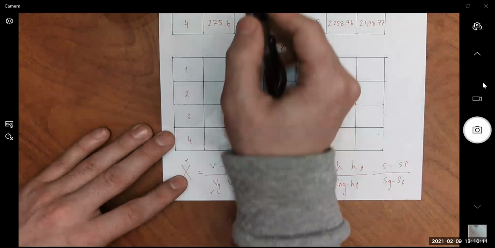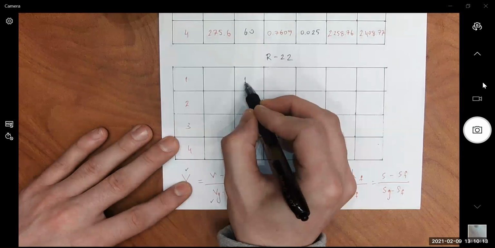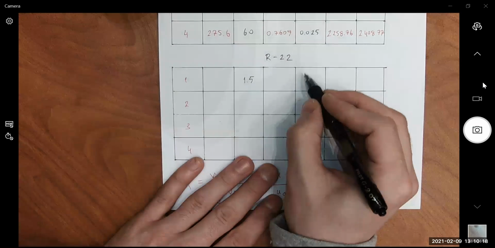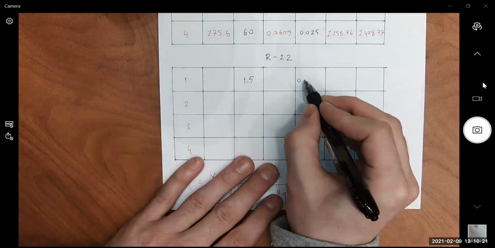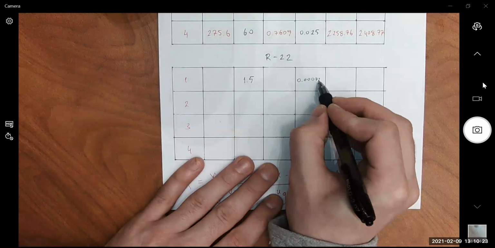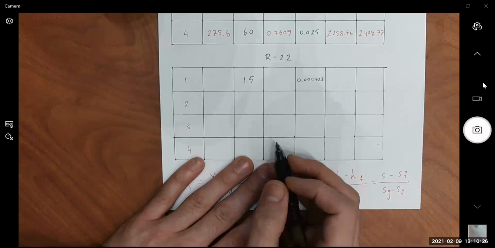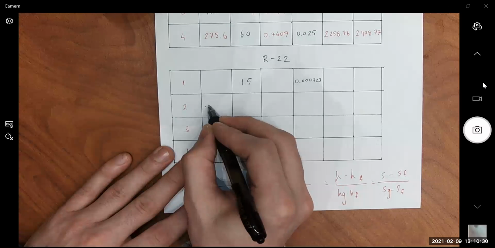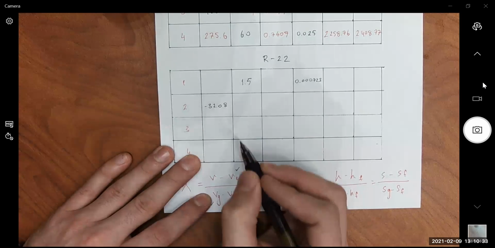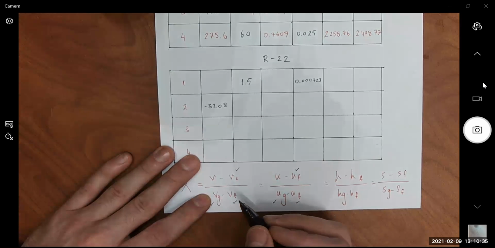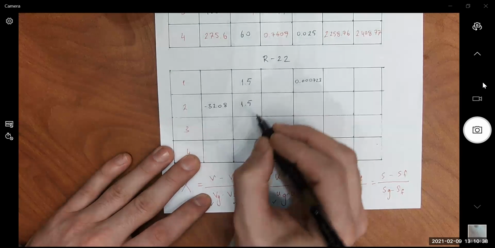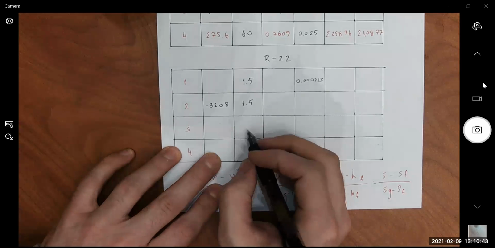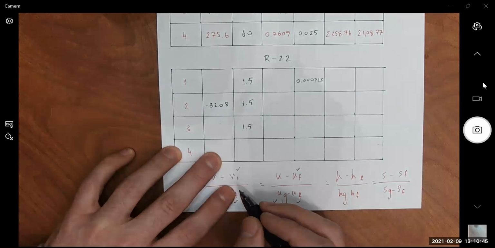Case 1, again, pressure is 1.5 bar. Specific volume is 0.00073 meters cubed per kilogram. Temperature for the second case is minus 32.08 Celsius. Pressure is 1.5 bar. Case 2B, pressure is 1.5 bar.